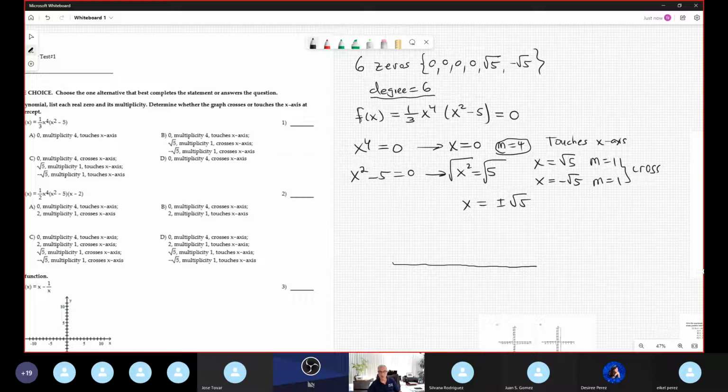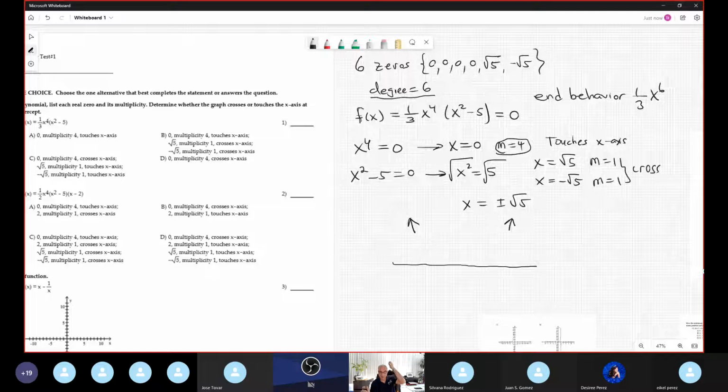The end behavior of this polynomial is obviously 1/3 x to the 6th power, when you apply the distributive property. Therefore, the coefficient is positive and the exponent even. I suppose the end behavior looks like that, right up, left up.